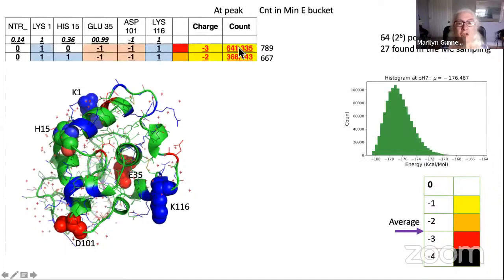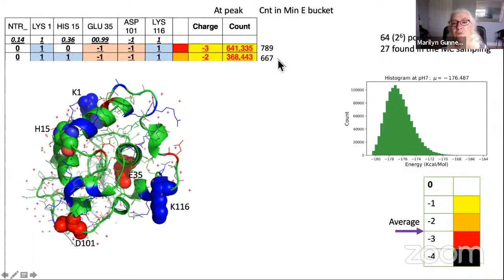If we look at the 2 most occupied states, we see that, okay, well, this is 14%, and these are both 0. This is 36%, and you see one microstate with this being neutral and another with being protonated. These are all boring. And these are the 2 most occupied.